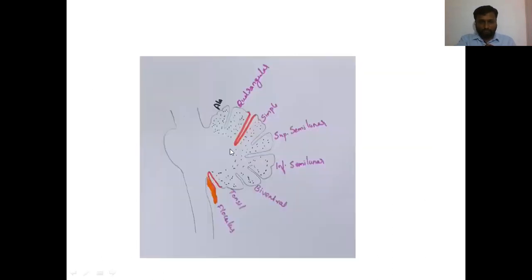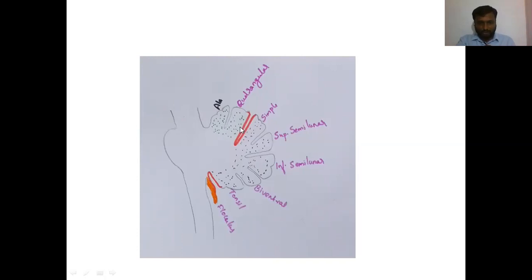We'll see that. Here in this image we can see the cerebellum, midbrain, pons, and medulla. This area is the anterior lobe. See, these red-colored lines are fissures. Fissure means a narrow slit-like space or a narrow gap. This gap is known as the primary fissure. This other gap is the posterolateral fissure.